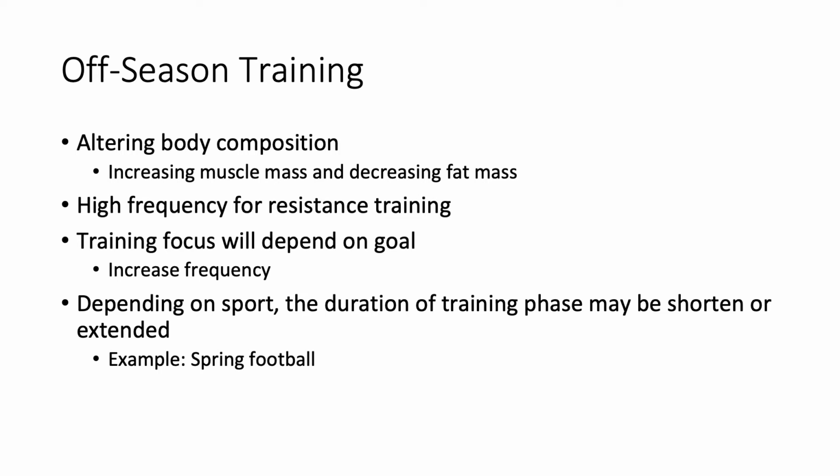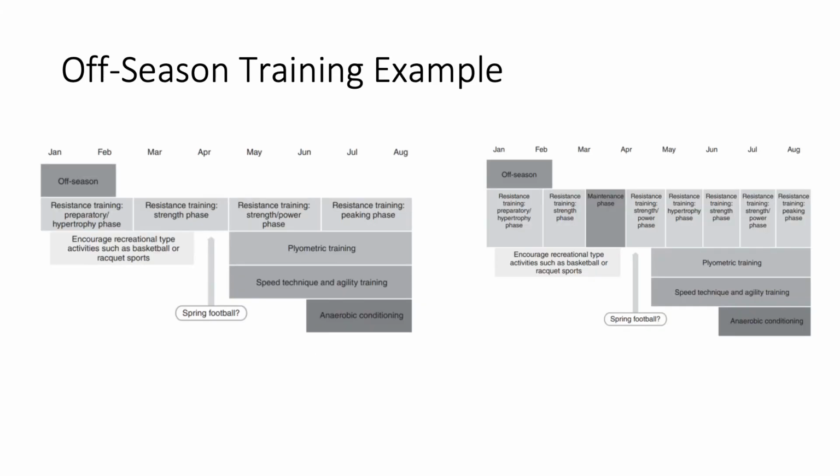So let's take college football, for example. Usually they have spring football, and for them to perform optimally during that time, the hypertrophy phase and strength phase will be shortened to account for a small maintenance phase before spring ball. So here on this slide, this better depicts the duration of the different phases during training for an athlete.